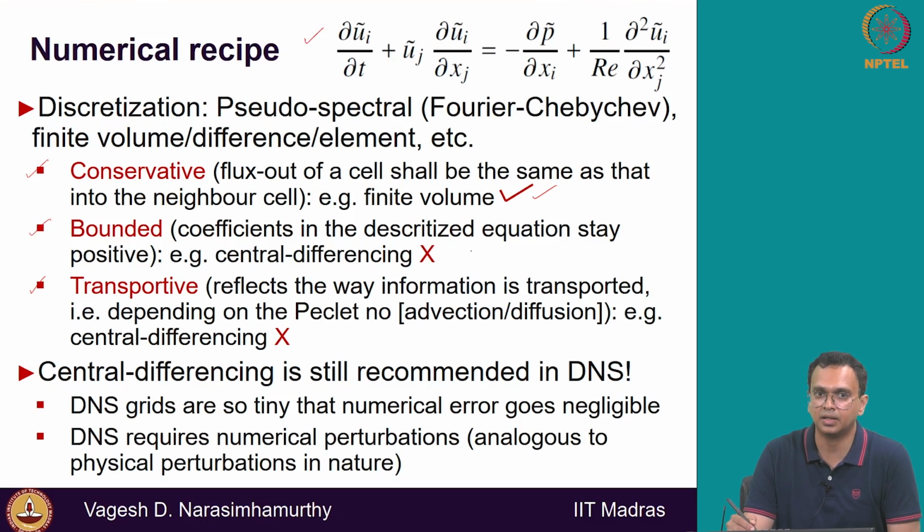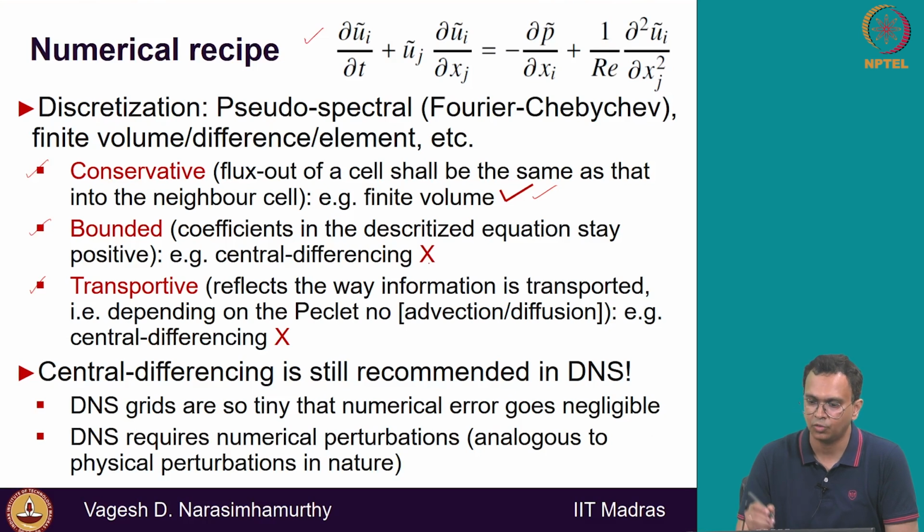So it is generally not recommended to use CD schemes. And CD schemes are also not transportive. They do not reflect the flow of information, the directional dependency, whether it's convection driven or diffusion driven, it doesn't recognize that. So for these two reasons, we generally say don't use the CD scheme.